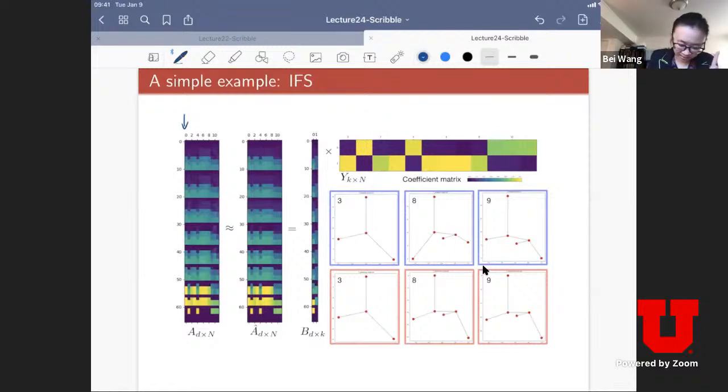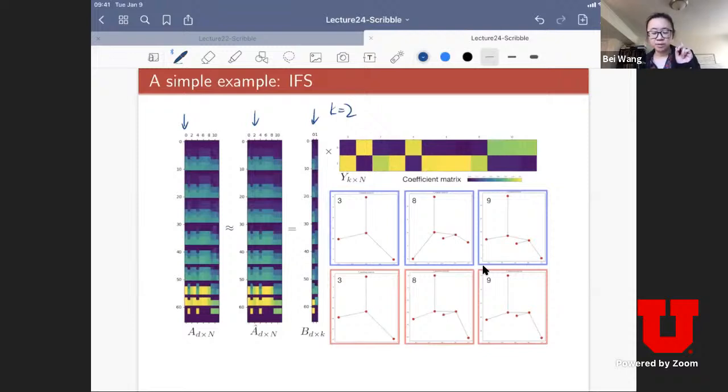My A hat is the approximated matrix from matrix sketching. My B hat has 2 columns, because my K is equal to 2, meaning that I want to choose 2 basis trees.